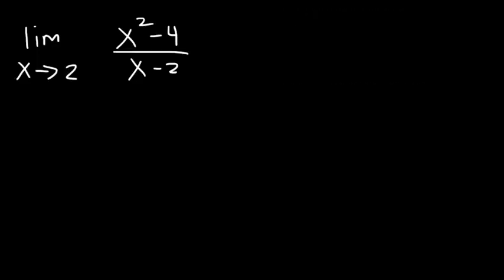Now sometimes you could find a limit by plugging in a value that's close to 2. You want to plug in a number that's close to 2 but not exactly 2. So for example, let's call this f of x.